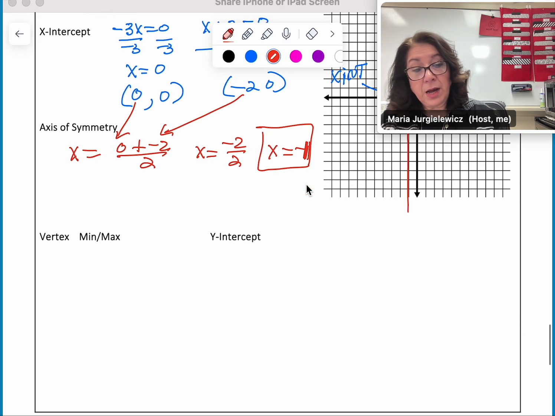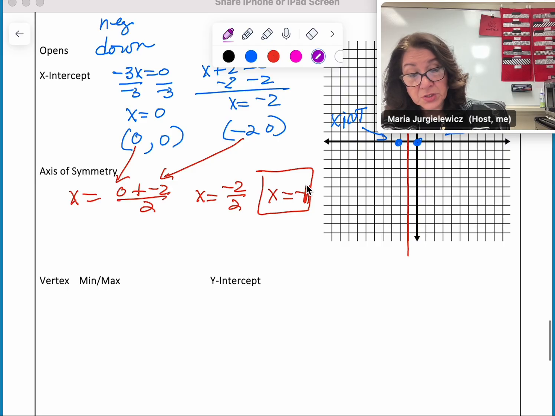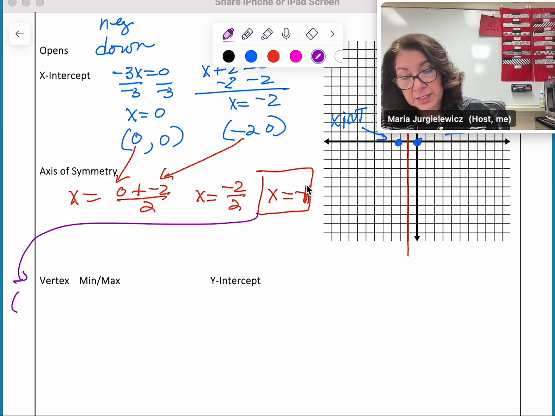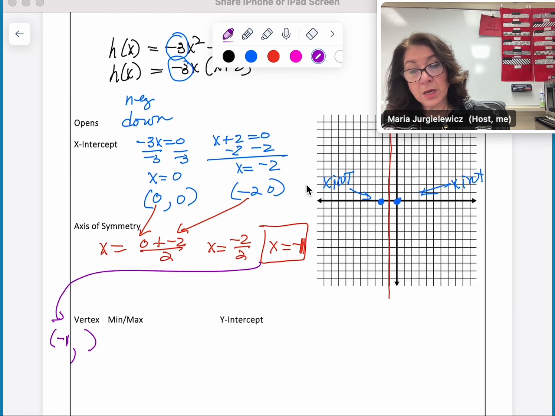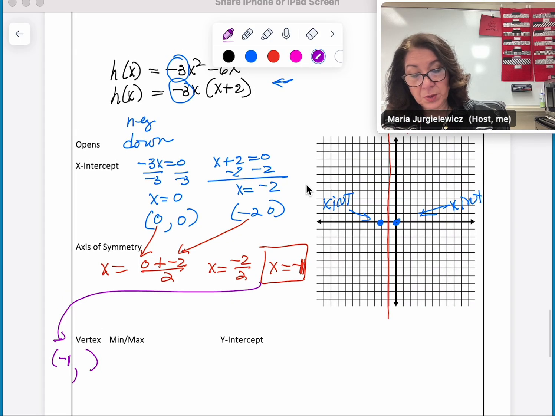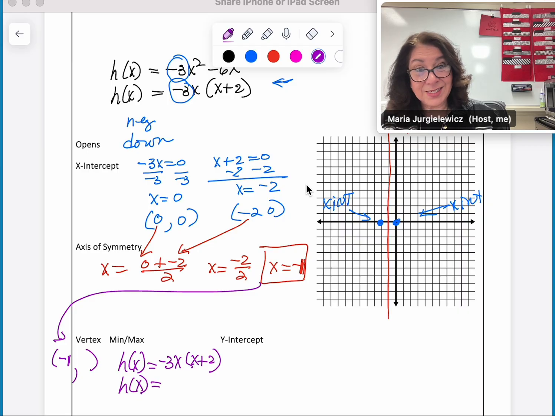Okay? Now we're going to use that axis of symmetry to find my vertex. I already know half of my vertex. I need to find the y value. Okay? So I'm going to take that second equation, h of x is equal to a negative 3x, parentheses, x plus 2, and I'm going to put in a negative 1 everywhere that I see an x.